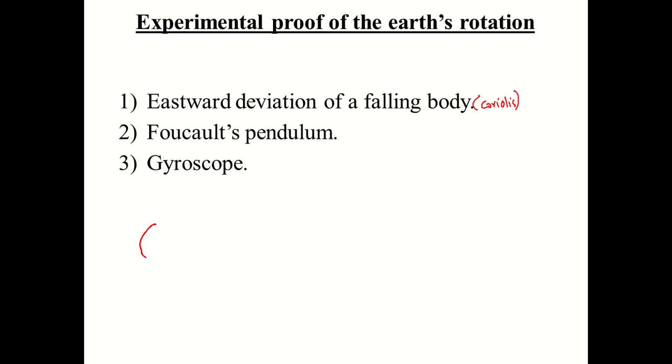Suppose this is Earth, and all of you know that Earth is rotating from west to east. Since Earth is rotating about its own axis, now consider the points which are near to the axis and which are far away from the axis.